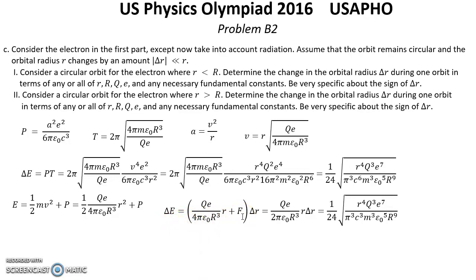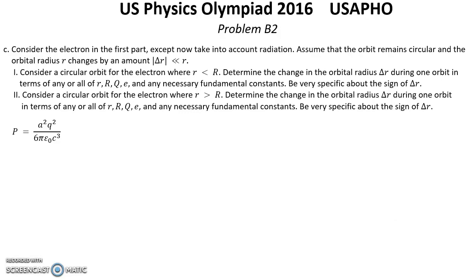Force we can count from the previous section, and finally we have this expression, and that's equal to our previous expression for delta E, this one. And from these two formulas we can find delta r. That will be this part divided by this part, which is this expression. That's the answer for question 1 in part C.